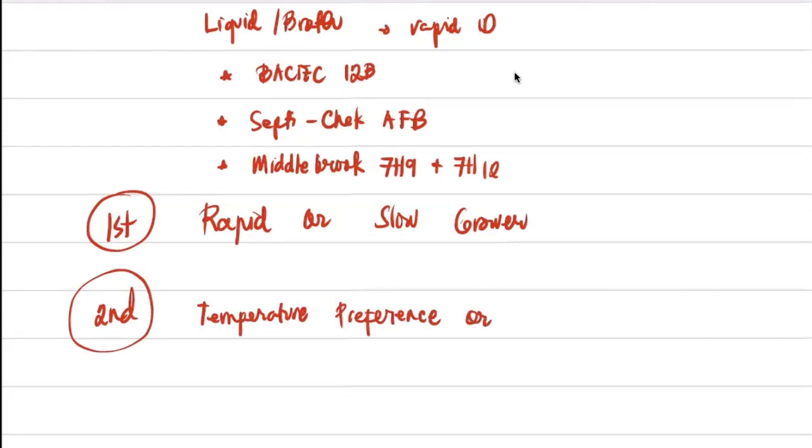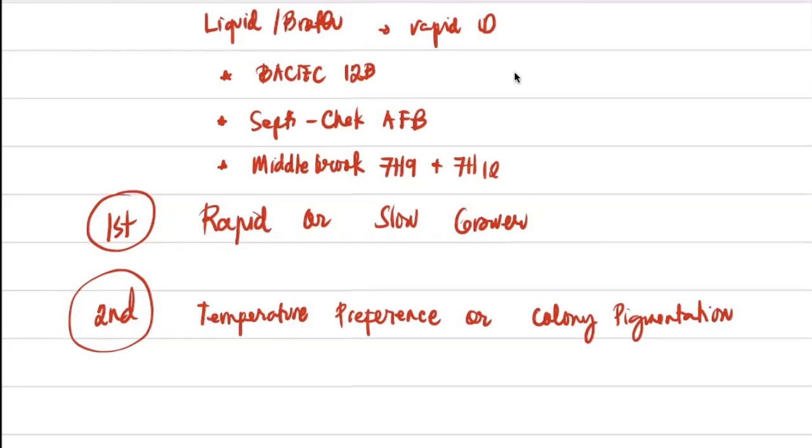Or commonly, yung colony pigmentation, which is one of the basis of the classification done by Runyon, yung Runyon classification of Mycobacterium other than tuberculosis. 'Di ba? Meron tayong photochromogens, non-photochromogens, and scotochromogens.